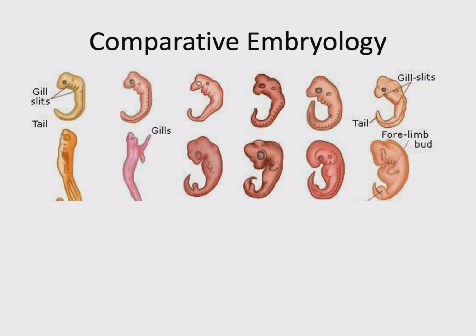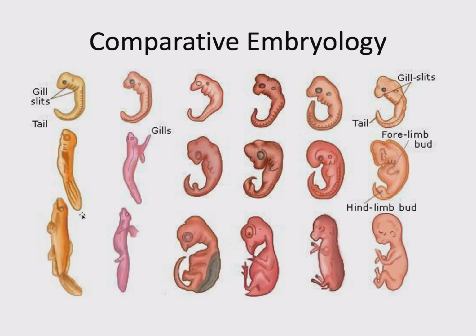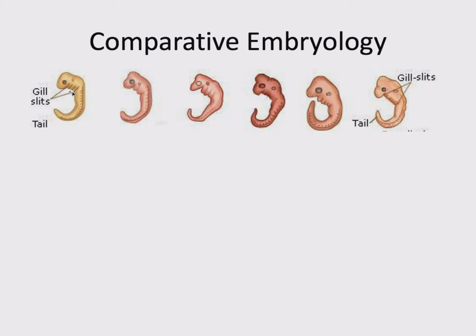Let's proceed further with body development. And okay, now they're looking a lot more fish-like over here and looking more like something that walks around on 4 limbs over here. If you want to know what these are going to eventually end up being: fish, salamander, tortoise, chicken, rabbit, human. But again, to go back to this, at a certain point, they all look very, very similar to one another.